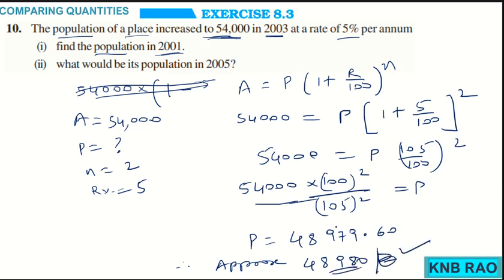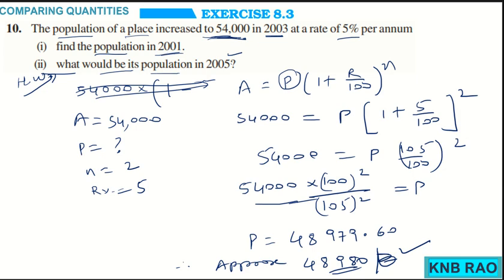So, that we can conclude. Now, second part, what would be its population in 2005? Now, this 54,000 becomes the principal and you will be finding the amount by just substituting 54,000 in the place of P. So, that is the homework part for you. Do it on your own.